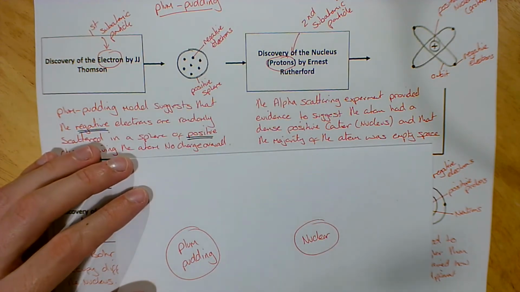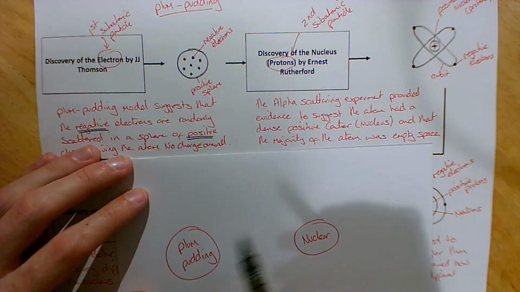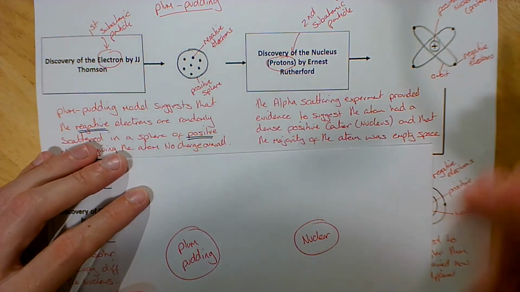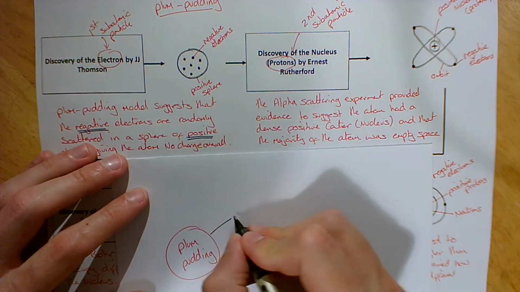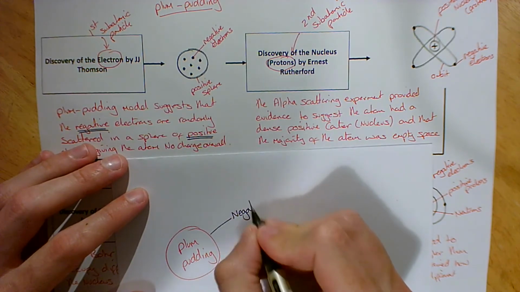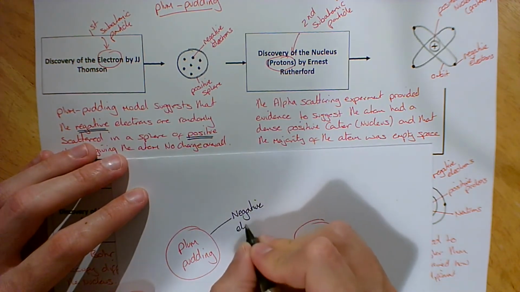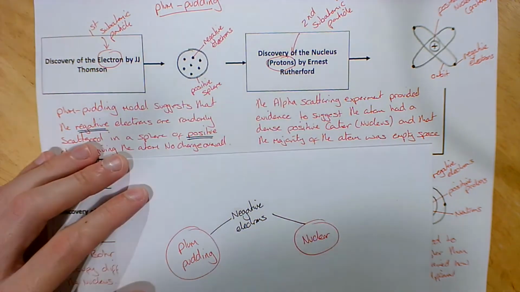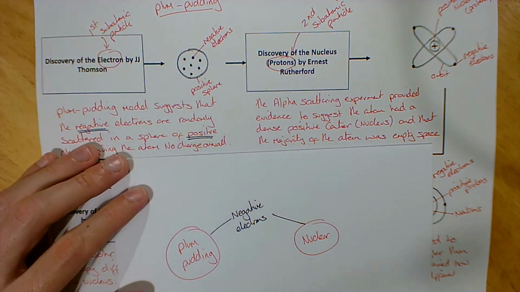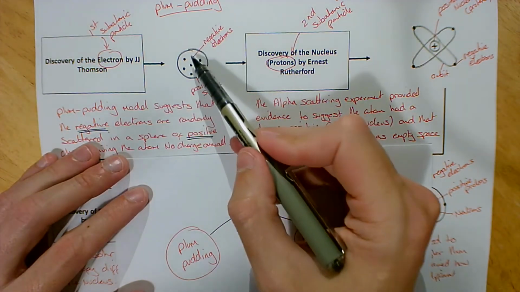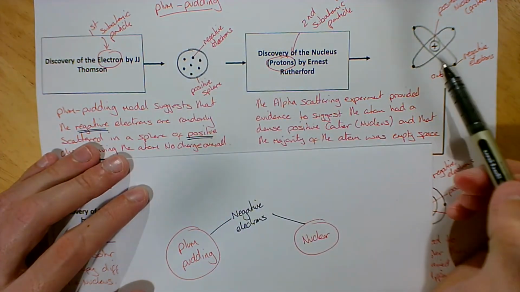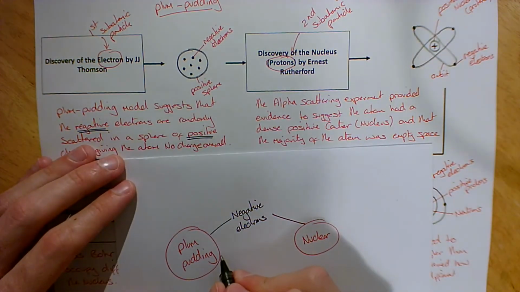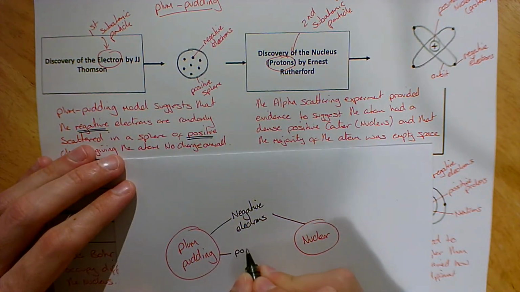We'll start off with what they have in common. The plum pudding model has negative electrons. The nuclear model has negative electrons. They both have something positive. The plum pudding model has the positive sphere and the nuclear model has the positive nucleus. So they do have a positive charge.